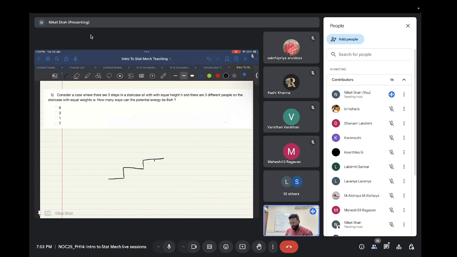What is the potential energy if someone is standing on this staircase, on step number 3? If someone's standing here, what's the potential energy? I'm actually confused with the arrangement that generally happens.